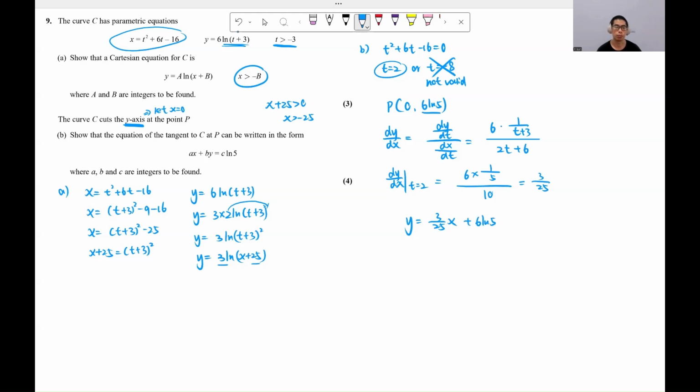We want to write it in that form where a, b, c are integers, so times both sides by the denominator: 25y equal to 3x plus 6 times 25, which is 150, so 150 ln 5. Put in the same order, minus 3x on both sides, so minus 3x plus 25y equal to 150 ln 5. And that'll be the final answer.